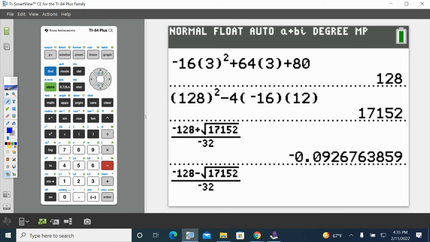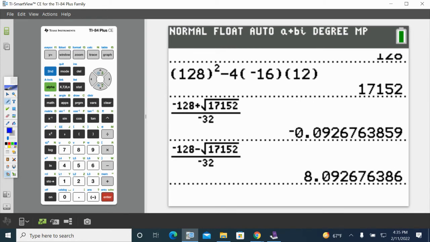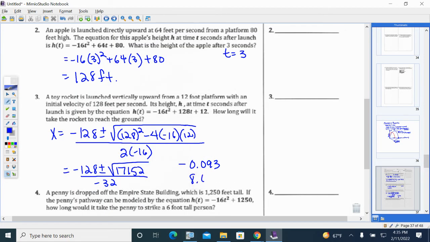Or you could just retype it. Just use the minus. I get 8.09 seconds. So let's go back to the question. How long will it take the rocket to reach the ground? So the negative 0.093 doesn't make any sense because I'm measuring time. It's going to be the 8.09 seconds.